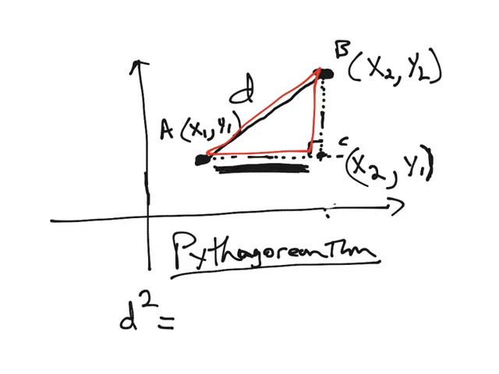Well, that's a horizontal line, which absolute value will tell us that its distance is x2 minus x1.